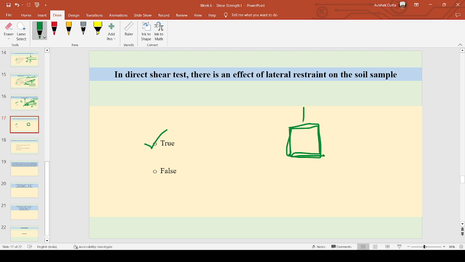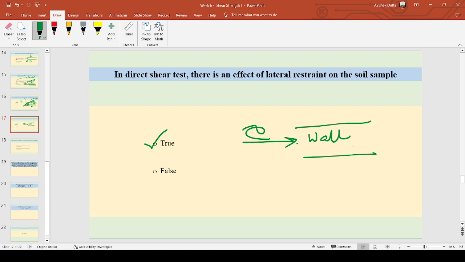This is the normal force; I will just draw it in cross section. This is the cross section, and the front part is the wall of the shear box. If we apply the shear force, inducing a shear stress on this sample, then it will shear while it is in contact with the wall.